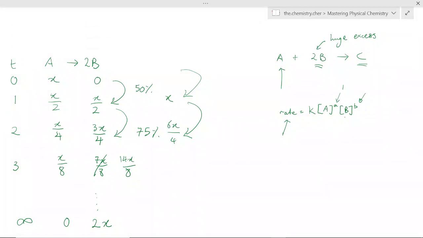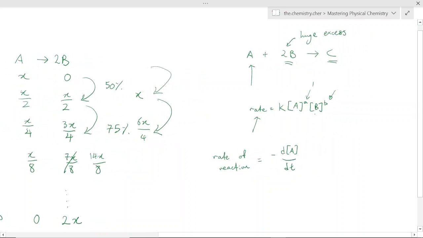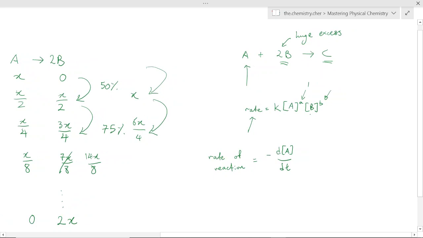Why is it that we can use the rate of change of your product to measure the rate of change of your reactant? What we need to realize is that the rate of reaction is always a positive value. It is equal to negative dA over dt, which is the rate of consumption of A. Because you're using up A, the value is negative, so we put a negative sign here to negate it.